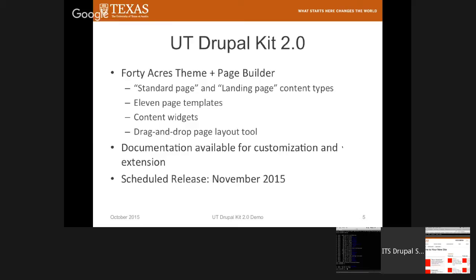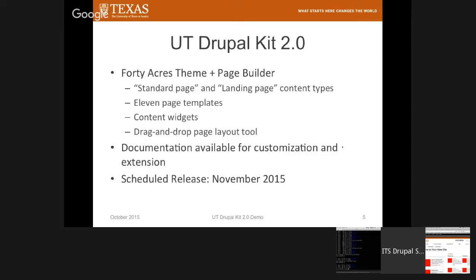For version 2.0 of the UT Drupal Kit, it's going to include two major new pieces. The first is the 40 Acres theme, which implements the new UT branding, and a custom module called Page Builder. These two pieces work in tandem to create a unified page building experience for content editors.